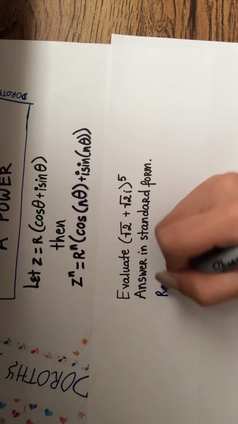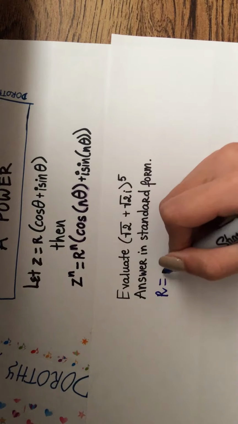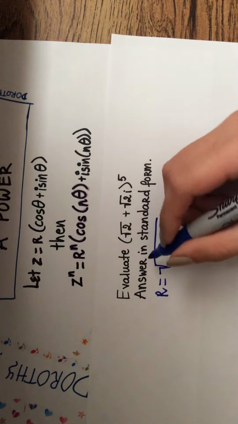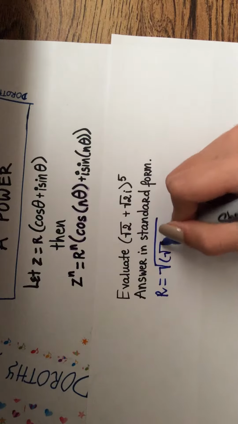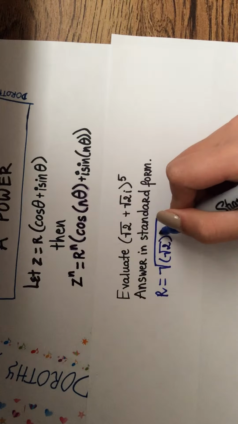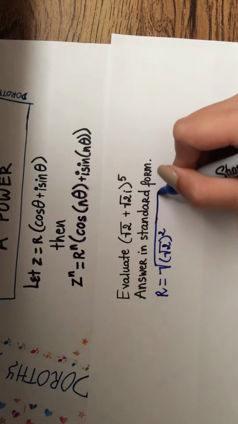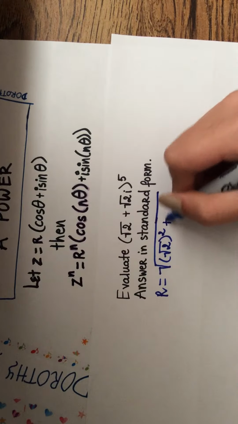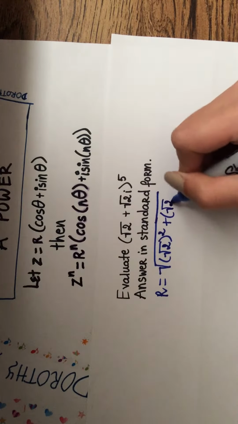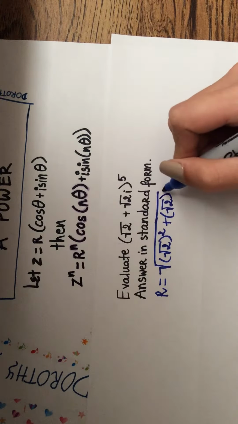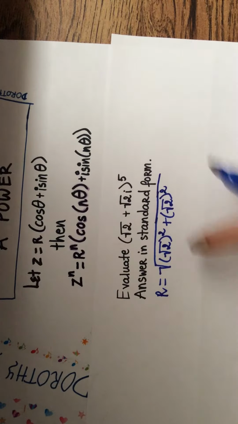To find your r, you will have the square root of square root of 2 squared plus square root of 2 squared.